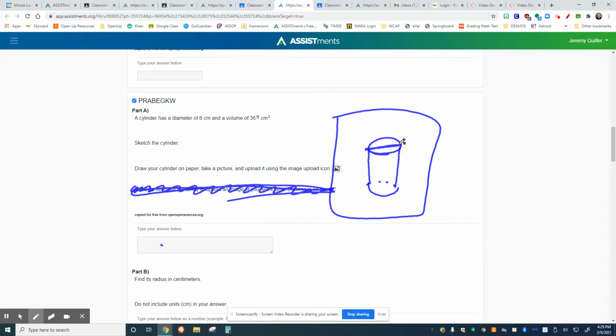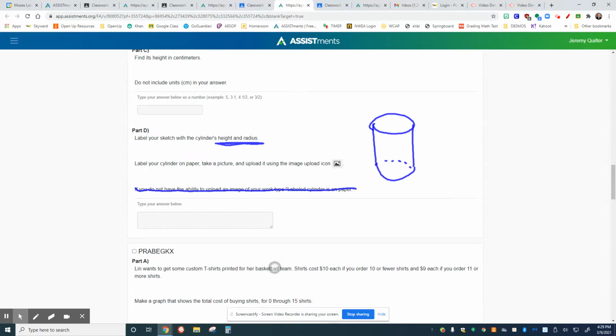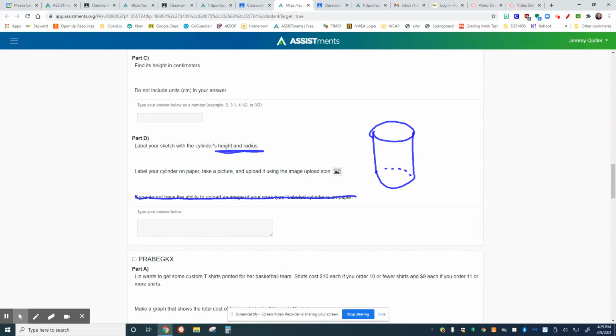Okay, that's what's in that picture. The second picture has all the other information, like it says, label your sketch with the cylinder's height and radius. So I want the radius and the height. These need to be 2 separate pictures, and if they are not separate pictures and you just do the same one, you're going to lose points on one of them.